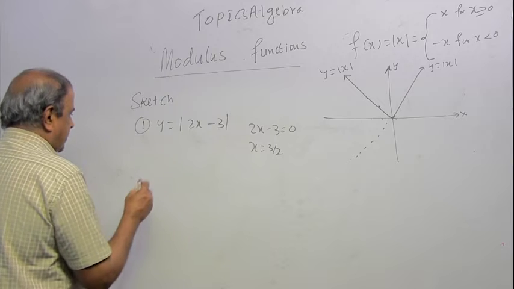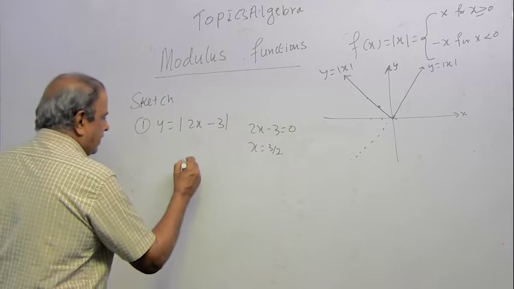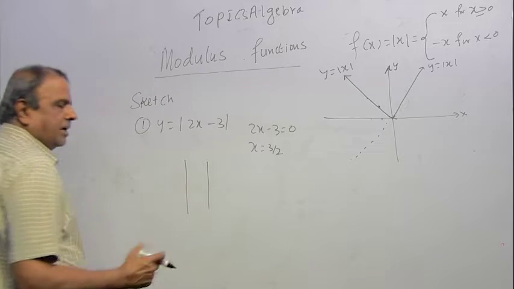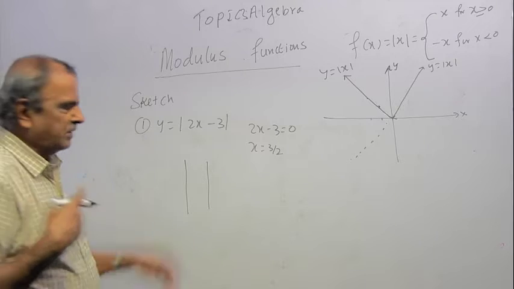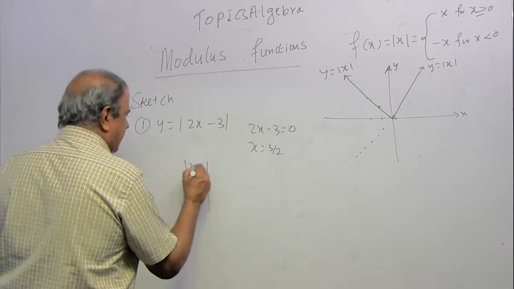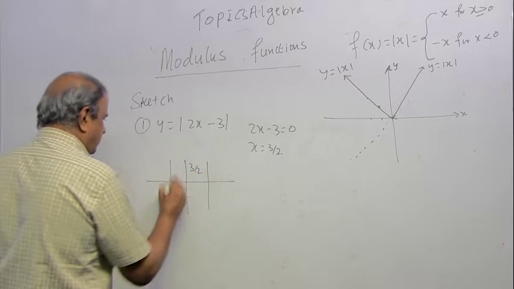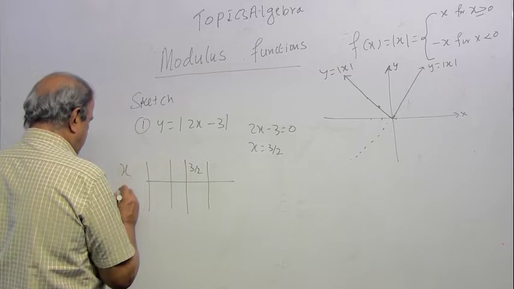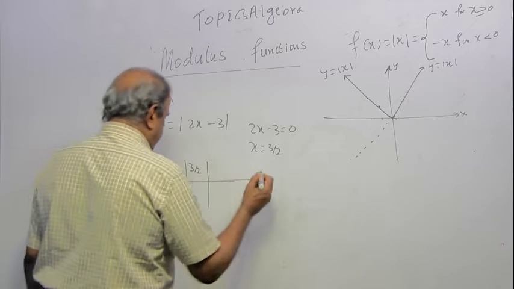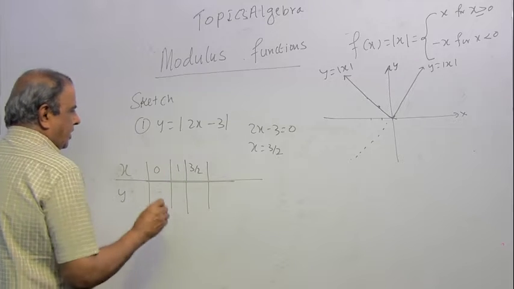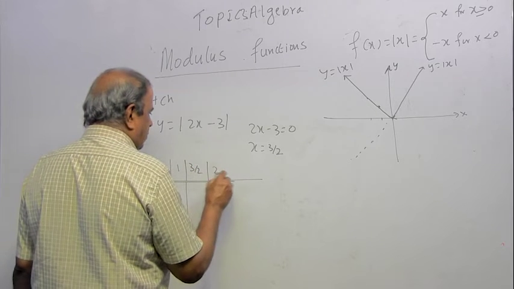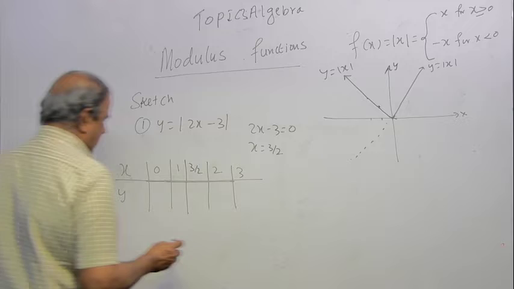This is for people like me who need a lot of thinking. So x is 3 over 2. That's y. Take two values less than 3 over 2, 1 and 0. Take two values more than 3 over 2, 2 and 3.